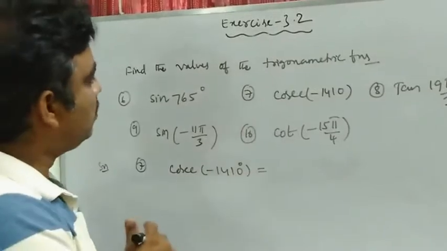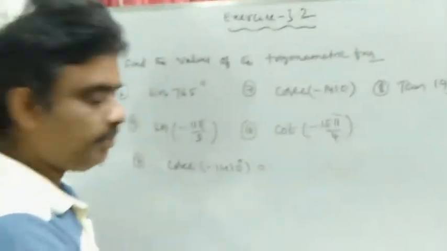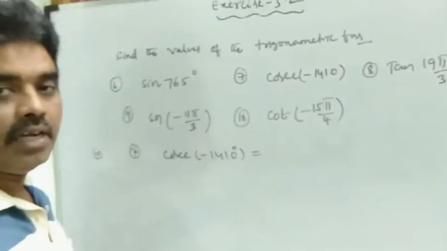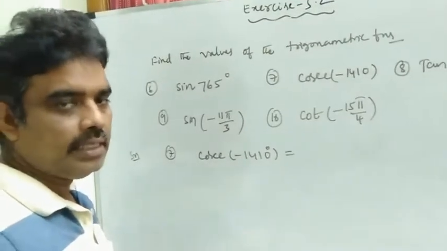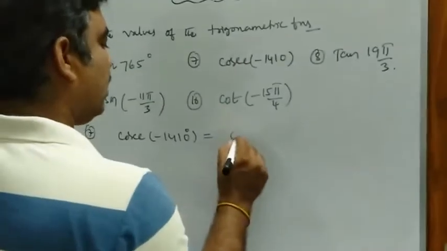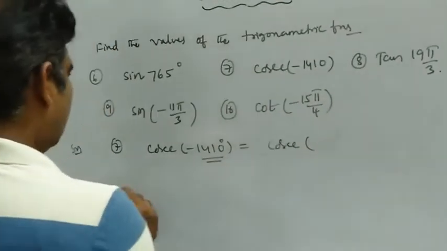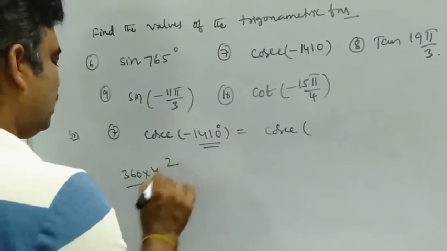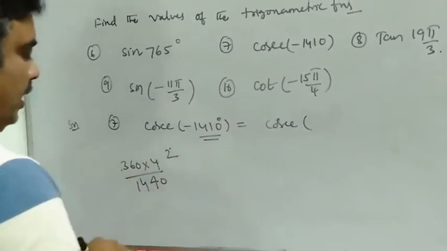Seventh problem, find the value of cosecant minus 1410. We know that the function cosecant x repeats after an interval of 2 pi. So after a 2 pi interval, we will get the same values for cosecant also. I can write 360 into 4 times: 4 zeros, 4 sixes are 24, 4 threes are 12 plus 2, that is 1440.